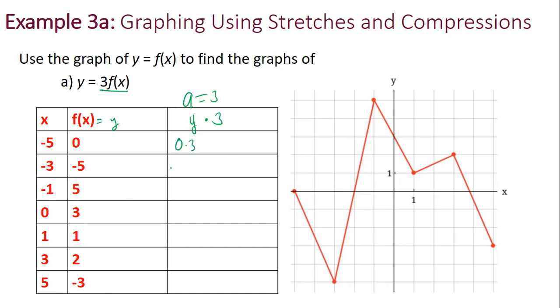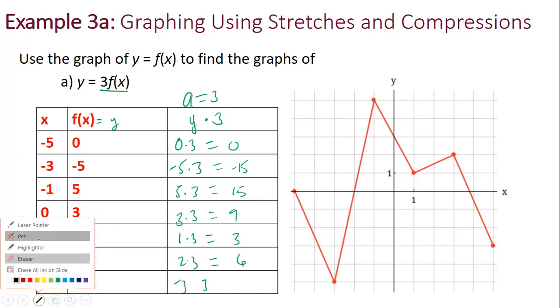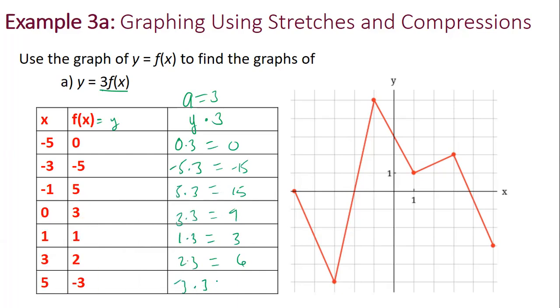So 0 times 3, -5 times 3, 5 times 3, 3 times 3, 1 times 3, 2 times 3, and -3 times 3. That's going to give me 0, -15, +15, 9, 3, 6, and -9. I didn't do anything to the x, so I'm still using these same x values.